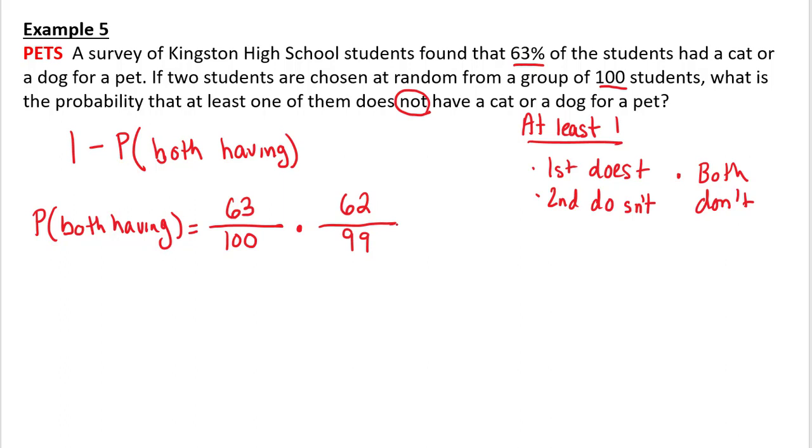So this ends up being 217 over 550. I multiplied that together in my calculator and reduced. So to find the probability of at least one not having a pet, it's 1 minus this 217 over 550, and that is 333 over 550.